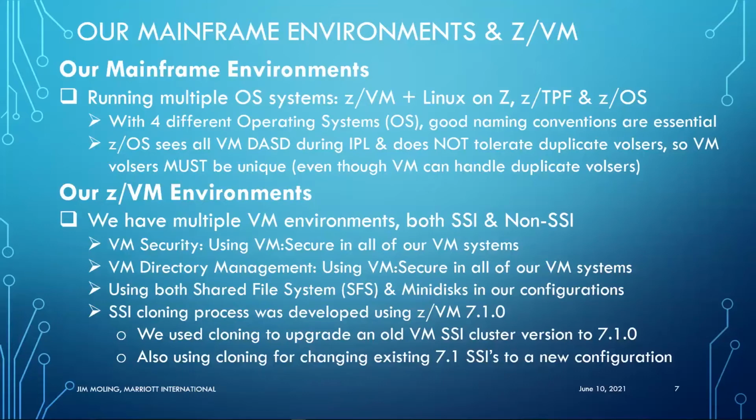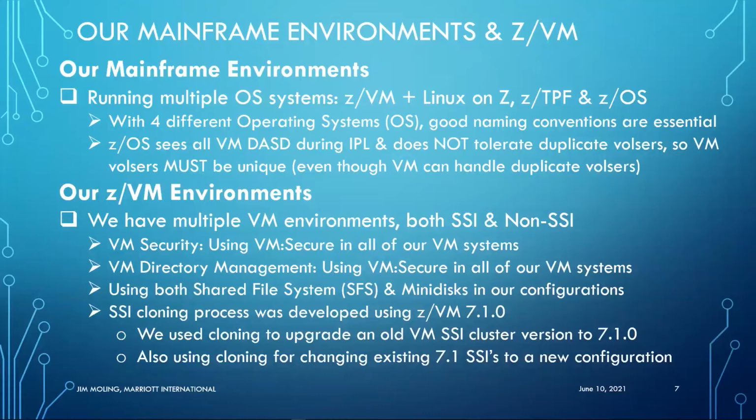But I would like it to be able to handle older VM systems as well. At the moment, it's just focused on the SSI clusters. So anybody that wants to use it for something that predates SSIs, this isn't really the way to go. Maybe my older cloning process would be a better bet for that, if it's prior to 6.2.